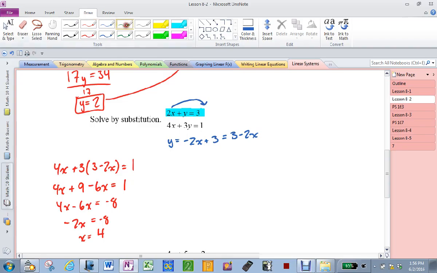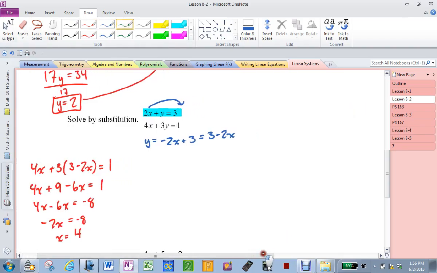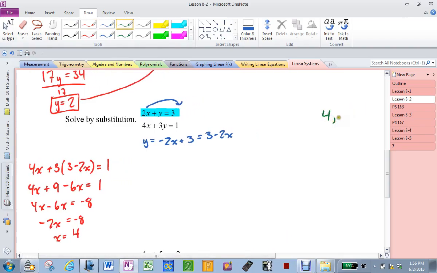So now I know that my answer is 4 comma something. I need the y. There's y, there's x. So y equals negative 2 times 4 plus 3. What's negative 2 times 4? Negative 8. What's negative 8 plus 3? Negative 5. Do I have my x and y?